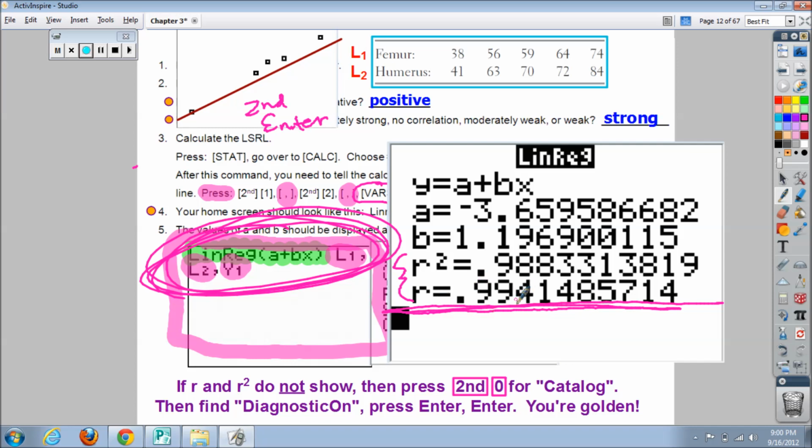It's positive, and I think the next page will get into that. The r-squared value here is something we will talk about in a couple days. R and r-squared are related. R-squared is the actual squared version of r, but they kind of represent two different things. You'd think they would be pretty close in their meanings, but not quite.